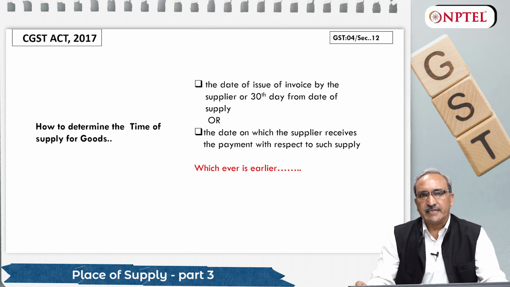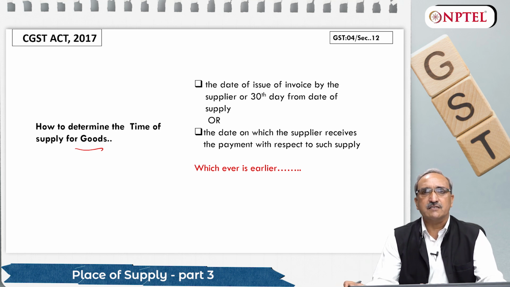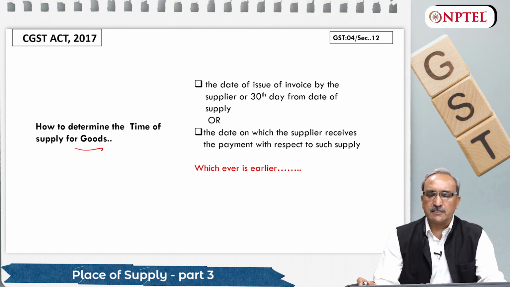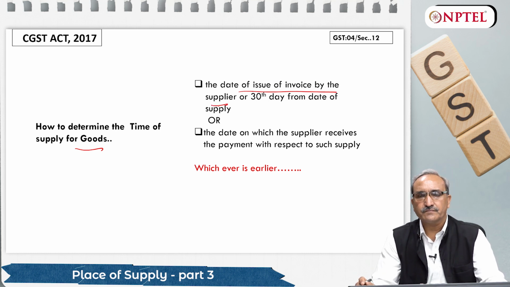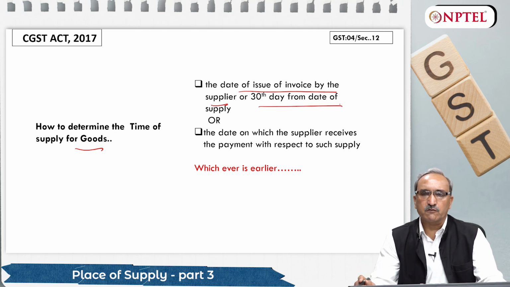How to determine time in case of goods? Supply of goods and supply of services have different criteria, different characters. In case of goods, it says the date of issue of invoice by the supplier or 30th day from the date of supply.